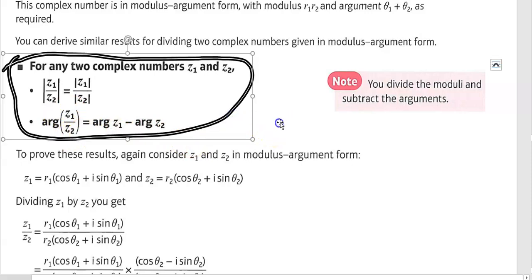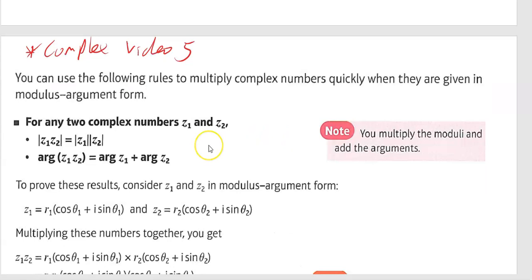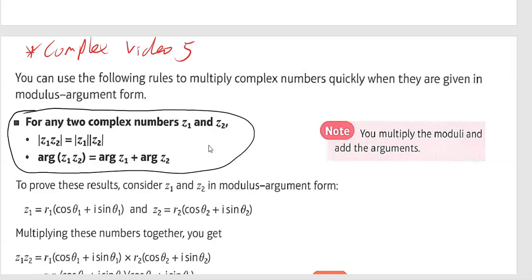So that was for the dividing one, and also this is for the multiplying one. So for the multiplying one, this is what is important. So highlight those two results in some way, shape, or fashion for yourselves. It says for two complex numbers, z1 and z2, the modulus of z1 times z2 is equal to the modulus of z1 times the modulus of z2, and the argument of z1 z2 is equal to the argument of z1 plus the argument of z2.